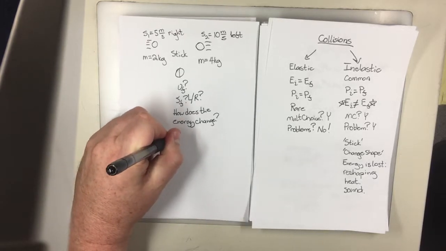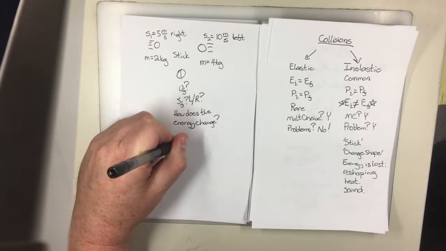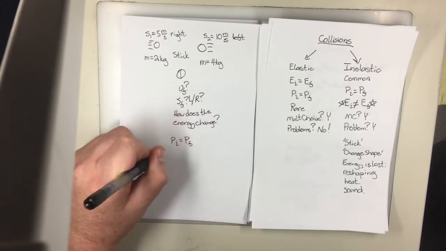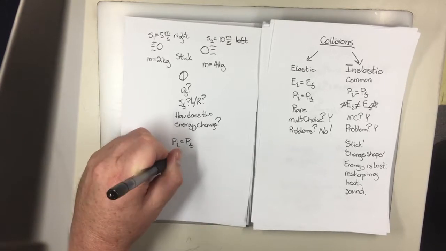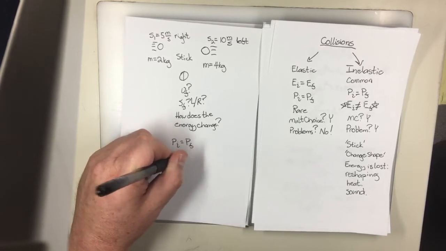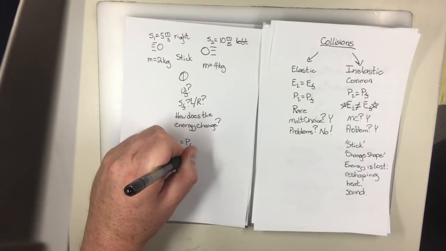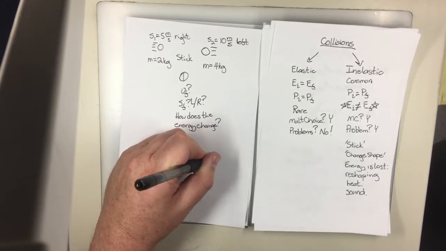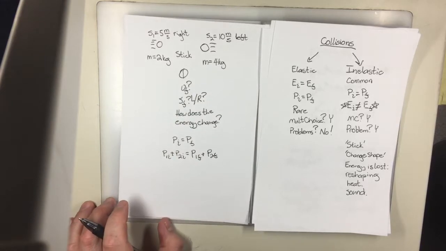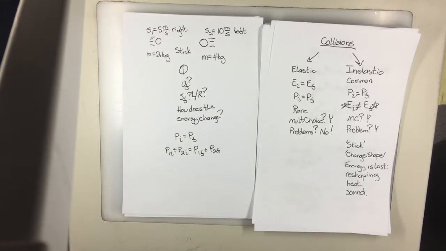So the first thing I do is P initial equals P final. So P1 initial plus P2 initial is equal to P1 final plus P2 final. One of these things is zero. Oh, actually, none of these are zero. I take it back.